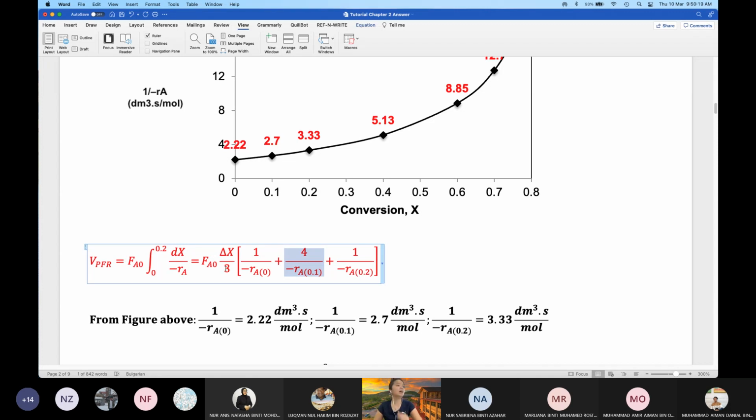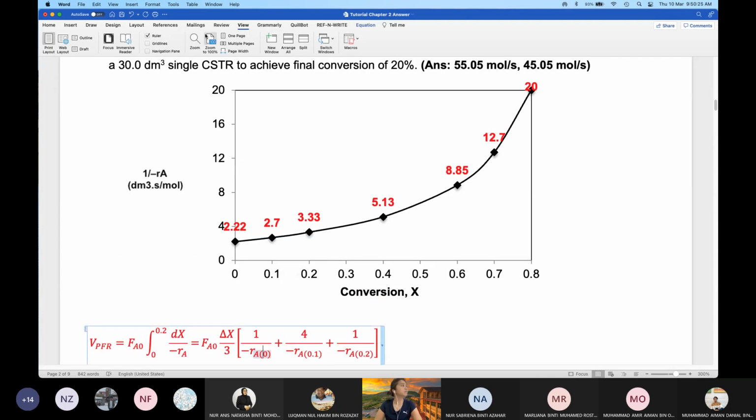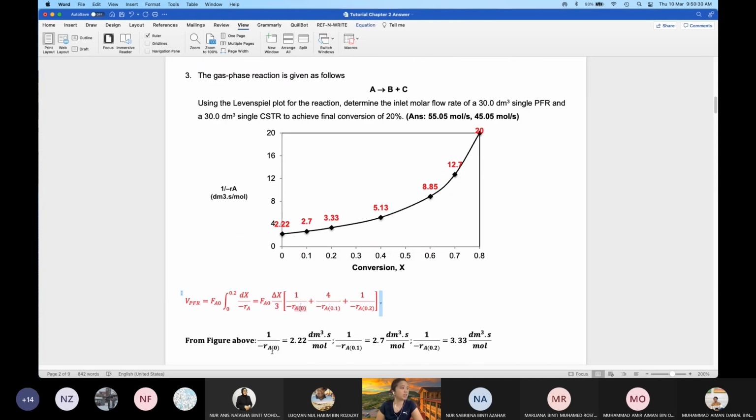Okay, then to get the 1 per minus RA, you have to look from the Lorentz-Spear plot. Okay, jadi macam besar sangat. To find the 1 per minus RA, you have to find from the Lorentz-Spear plot. Means when my X is 0, 1 per minus RA is 2.22.